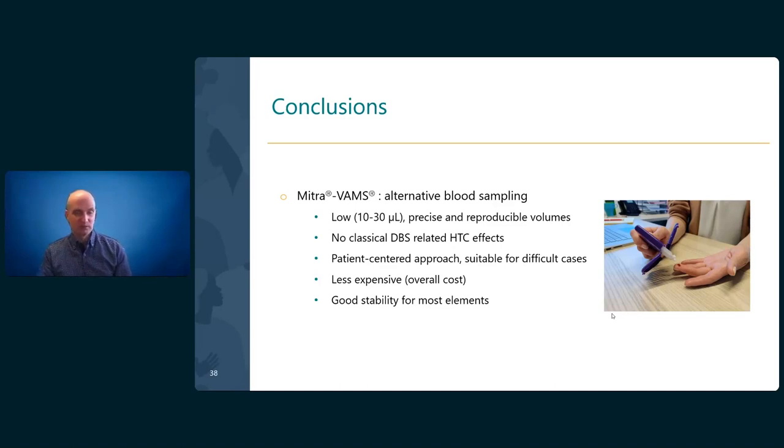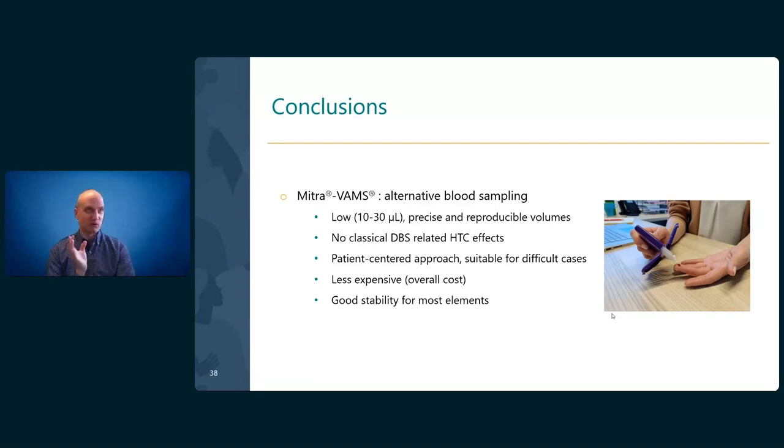There are no effects related to hematocrit, as is the case for DBS. It's an approach which is very oriented towards the patient. So it's really a patient-centered approach, and it really applies to difficult cases. It's less expensive when considering the overall cost of the workflow.